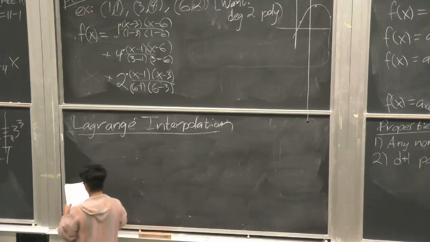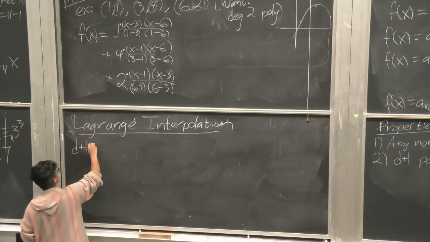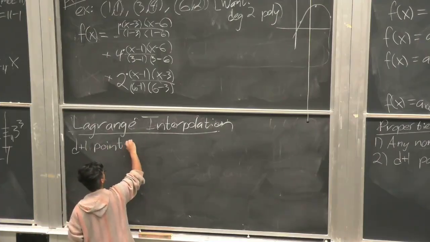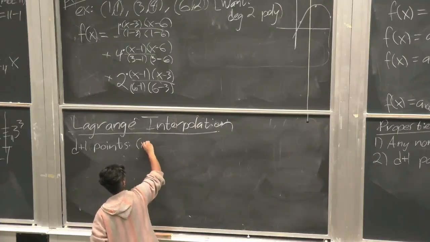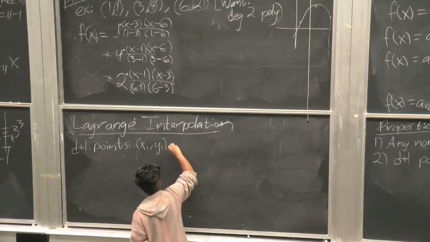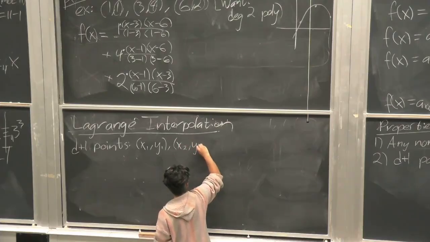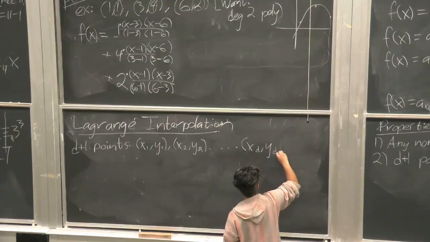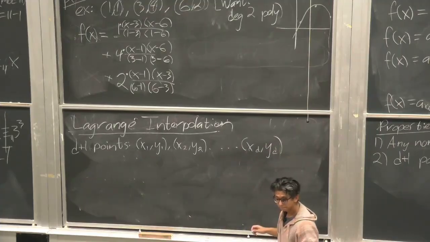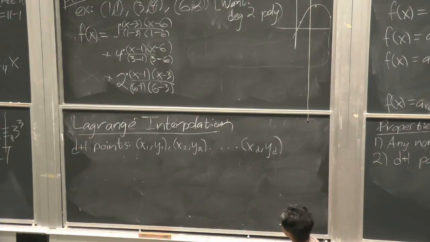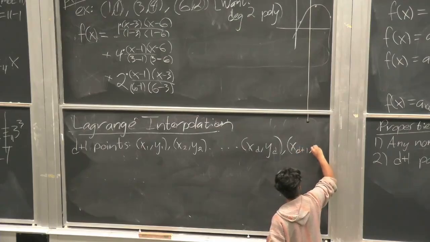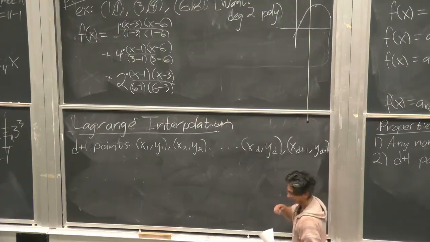So Lagrange interpolation is, let's say we have d plus 1 points. And those are going to be, let's just call them x1, y1, all the way to x_{d+1}, y_{d+1}.